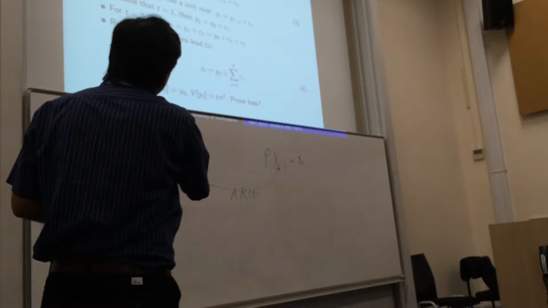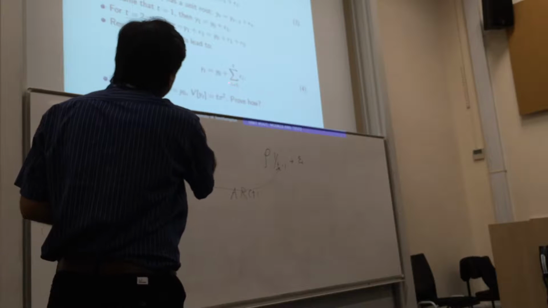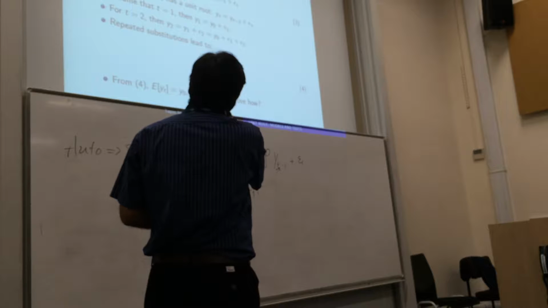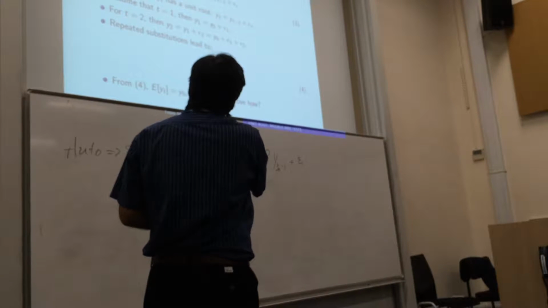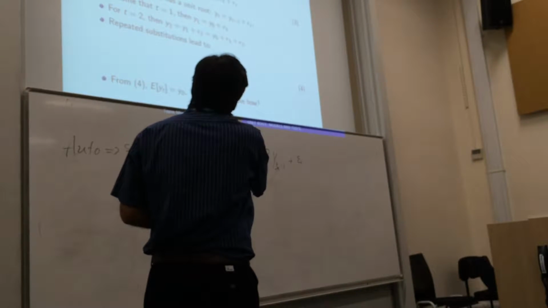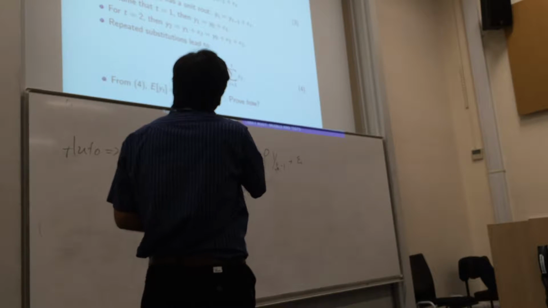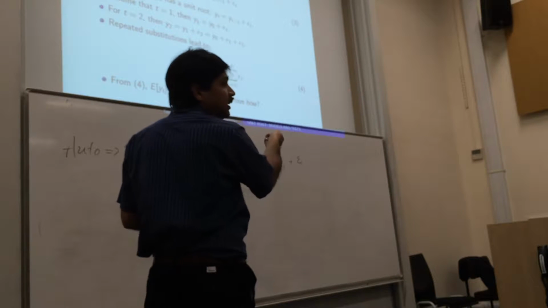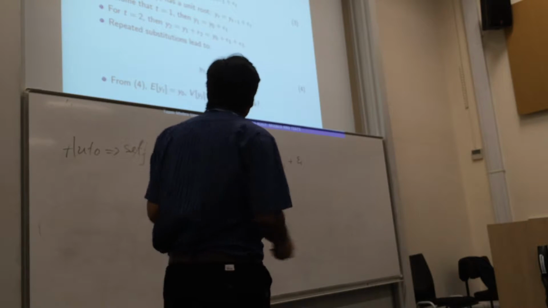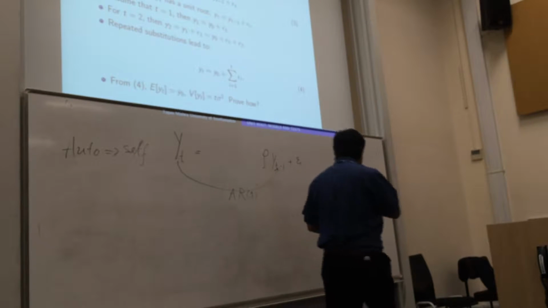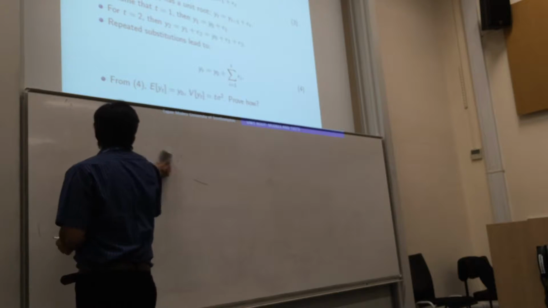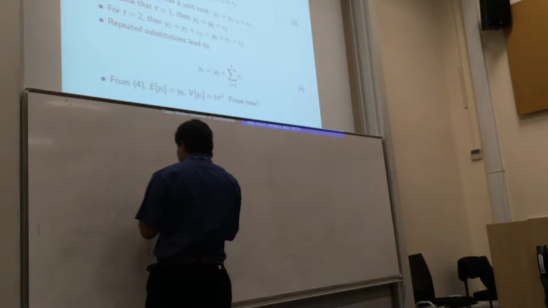So yt, when rho equal to 1, you can write as y0 plus the sum of epsilon i, where t can be 1, 2, 3, 4, 5, 6, 50, 60, 100, any number. Ultimately, you are expressing the value of yt in terms of infinite values of the error term.